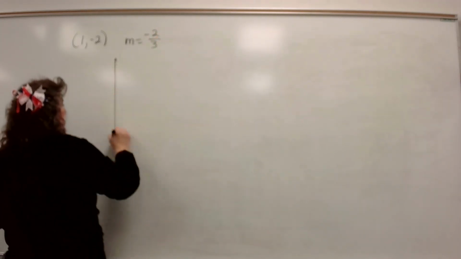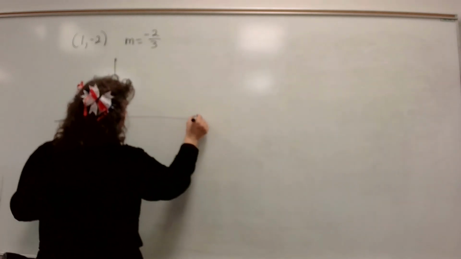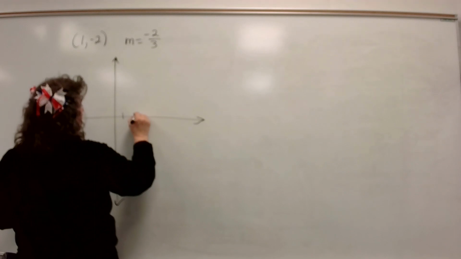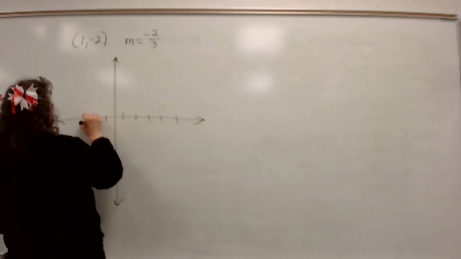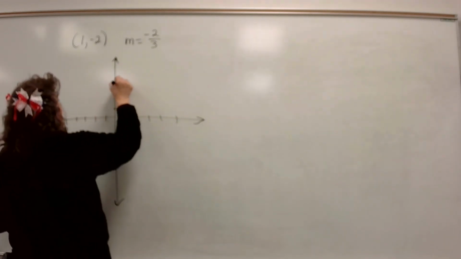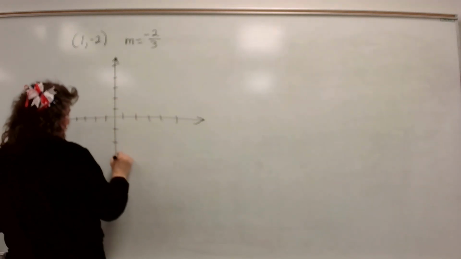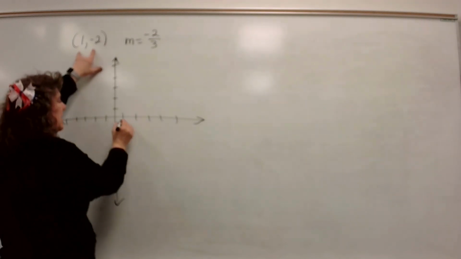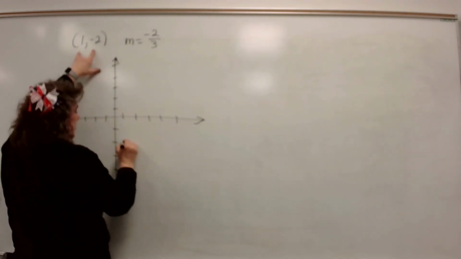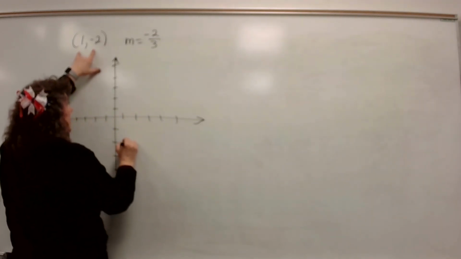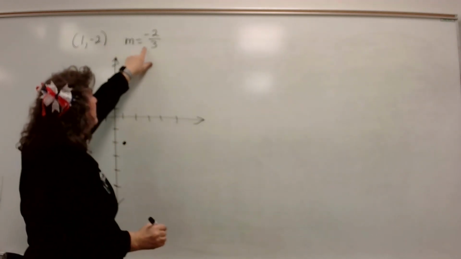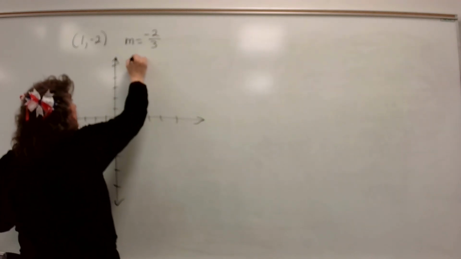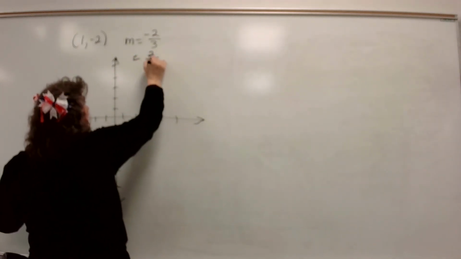So my first step, once I get my graph drawn here, since I don't have whiteboard graph paper, I have to make my graph paper, okay? So my point is (1, -2), so 1 to the right, down 2. There's my first point. From my point, it says that I have a slope of -2/3, or this could be 2/-3.